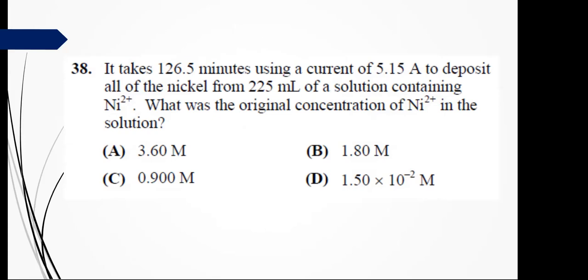Now remember, current is per second. So an amp is a coulomb per second.